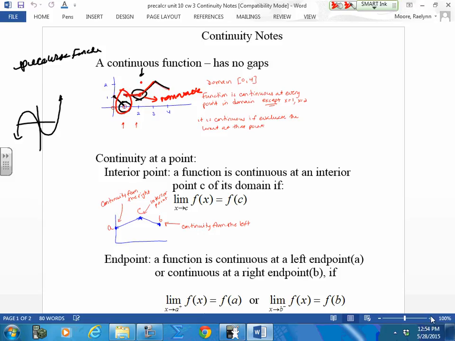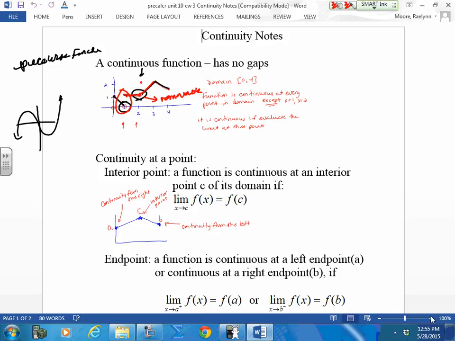That limit does not exist. There's no way to pull that piece together. That we call a jump discontinuity. We have a point of discontinuity where we could fill it in, and a jump discontinuity where we can't connect it.